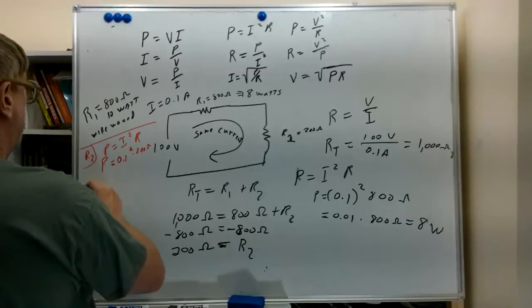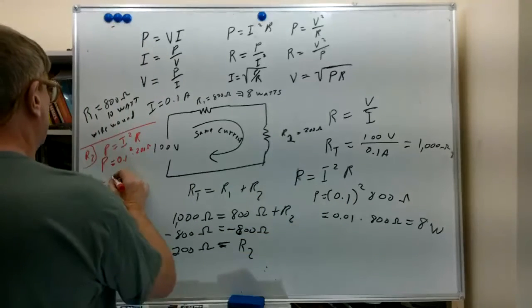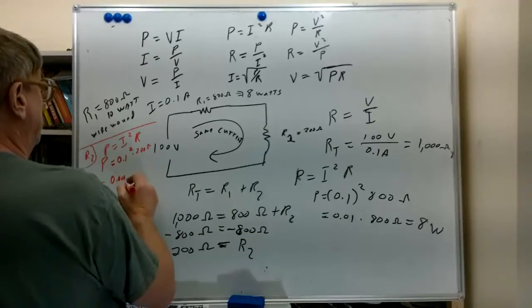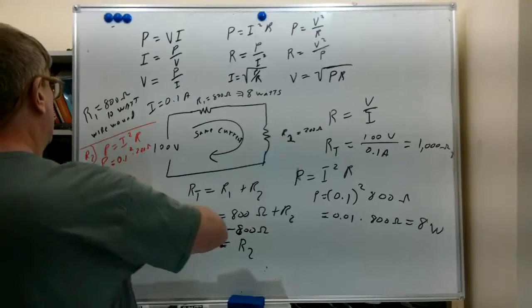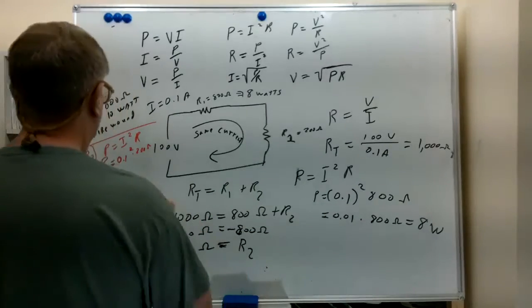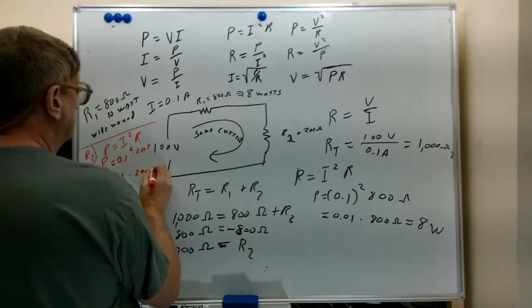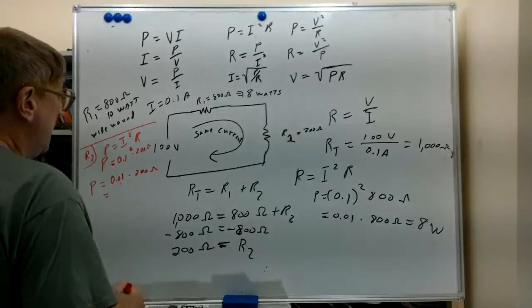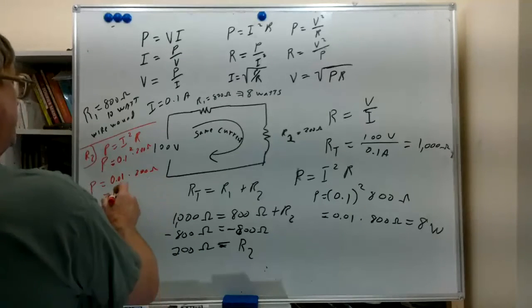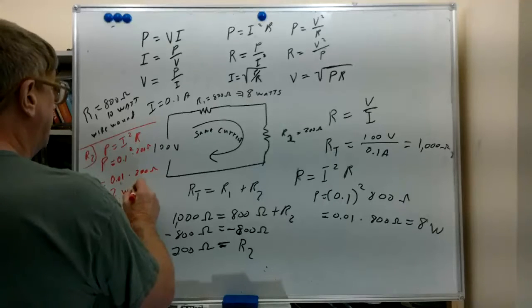So power equals 0.1 squared times 200 ohms. 0.1 squared is going to be 0.01, or 1/100th. Oh, I put an extra 0 there. Multiply that times 200 ohms. So we're going to need 2 watts here of dissipation capability.